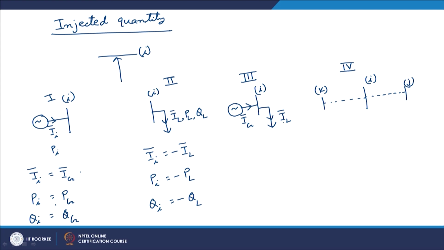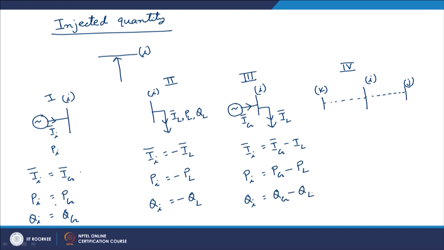So the net amount of current moving into the bus, that is the injected quantity Ii, would be Ig minus IL. Similarly, Pi, the injected real power to the bus, would be Pg minus PL, and Qi would be Qg minus QL.